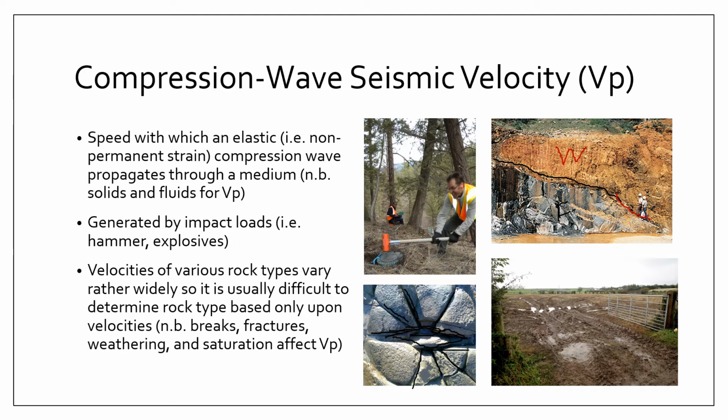In simplistic terms, weathering turns your rock into soil, and that results in a drastic change in the elastic moduli of your rock material. It becomes less stiff, and as a result, you can have a much slower VP or propagation of seismic velocity in your weathered portion compared to your fresh portion.